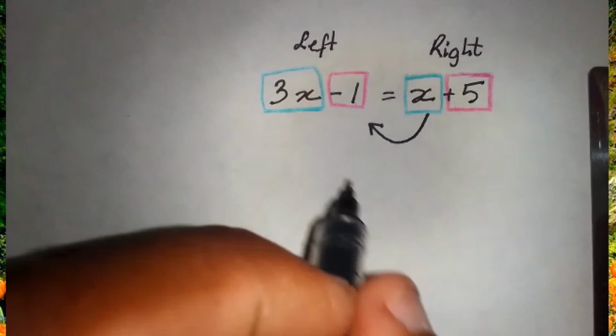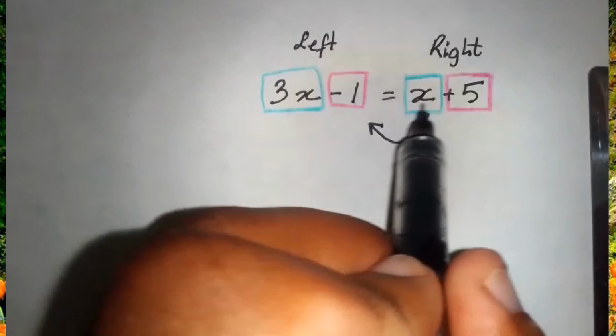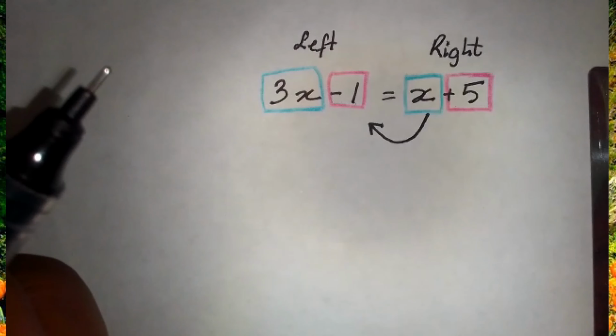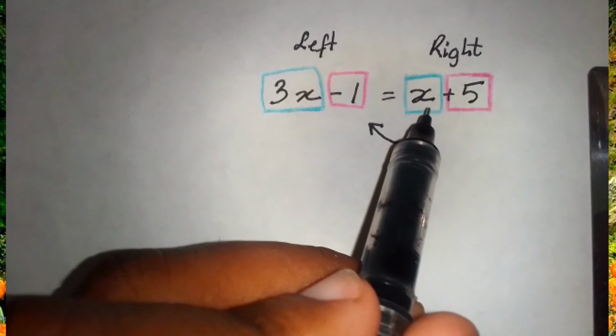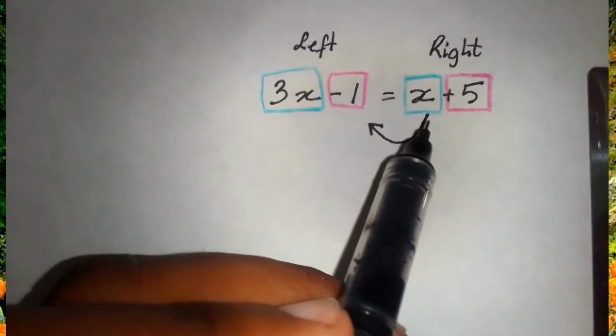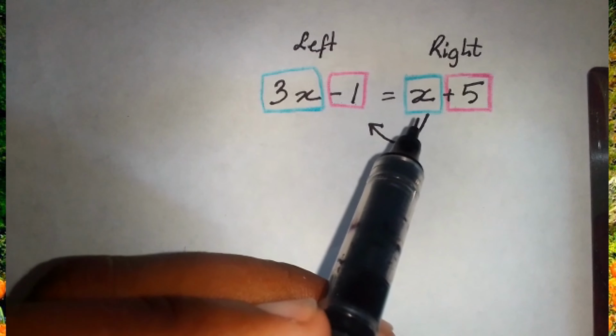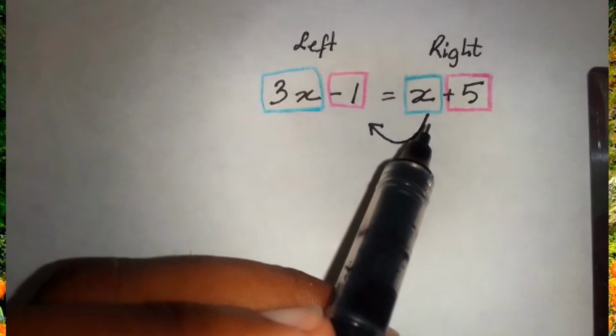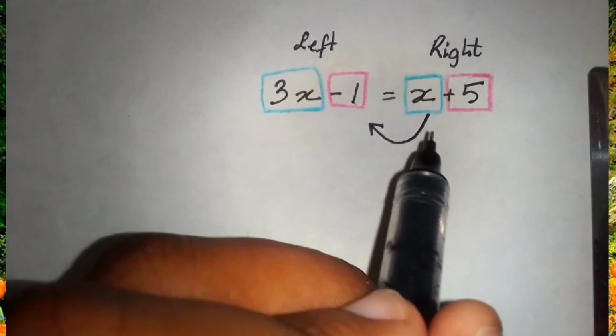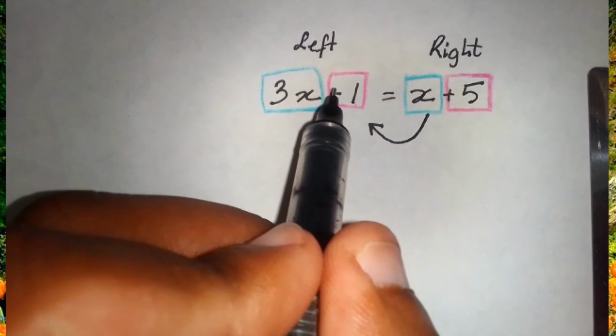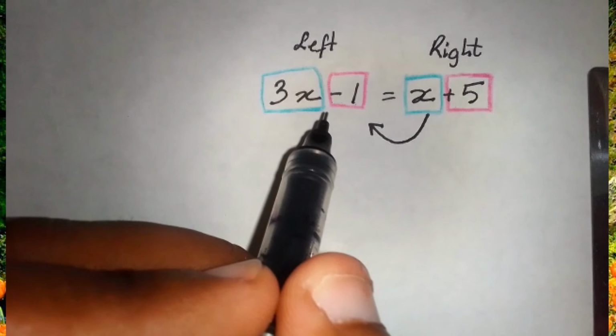So if I'm going to do that, the sign on this x is positive. So when you don't see a sign, it means that that number or that variable or that letter is positive. So I'm going to move this positive x across the equal sign to join the other x's on the left side.